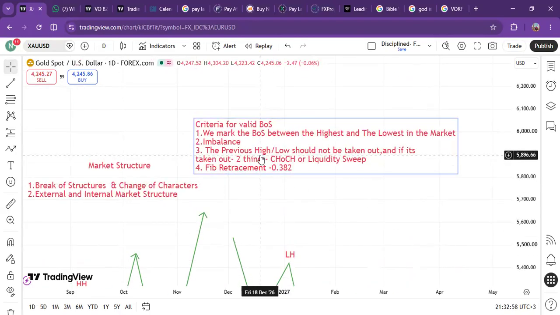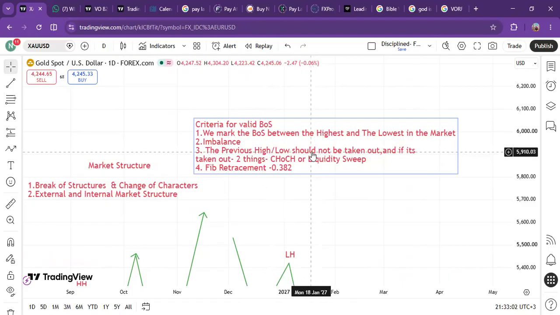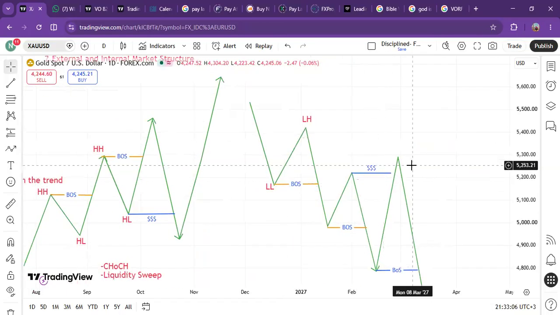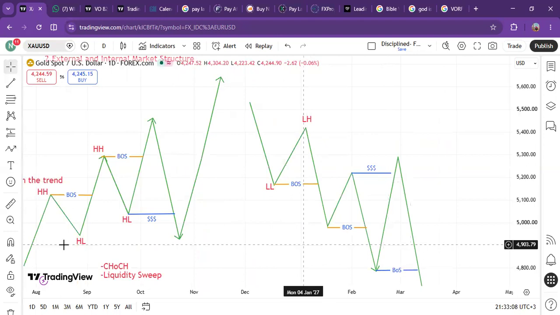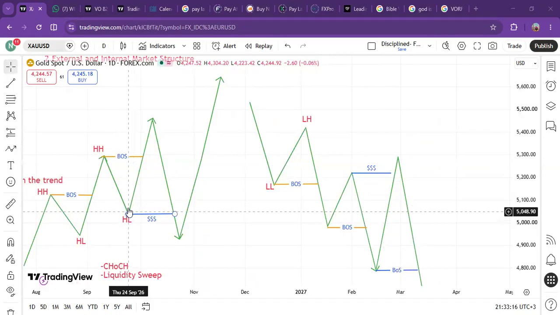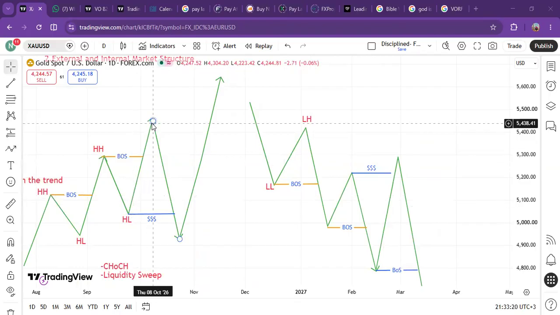The previous low and the previous high, depending on the trend, should not be taken out. And if it's taken out, so we have our first low and we have our second low. This is the most recent, so it's the previous low.